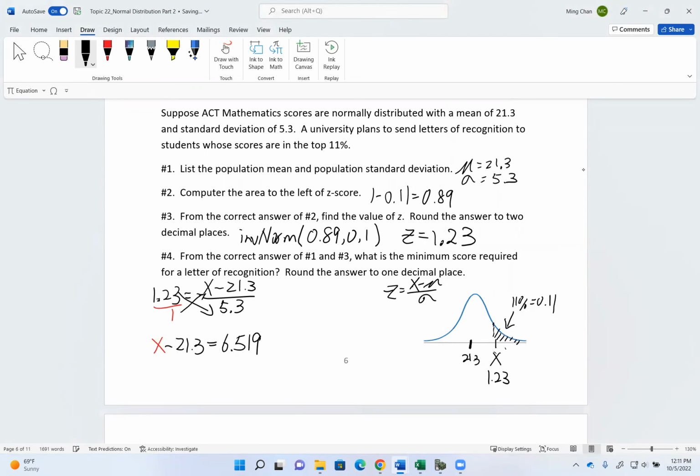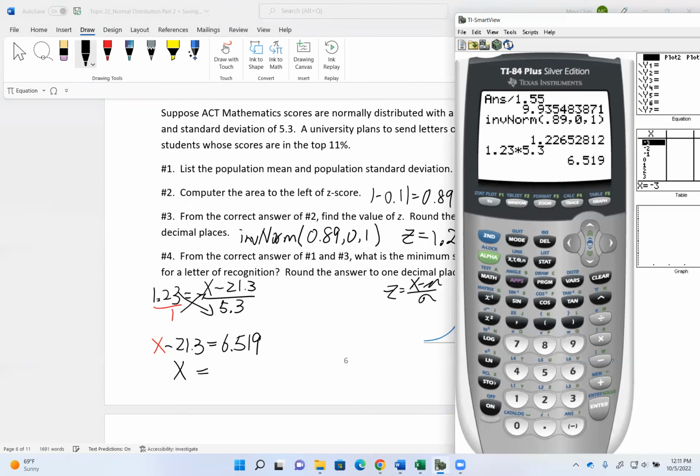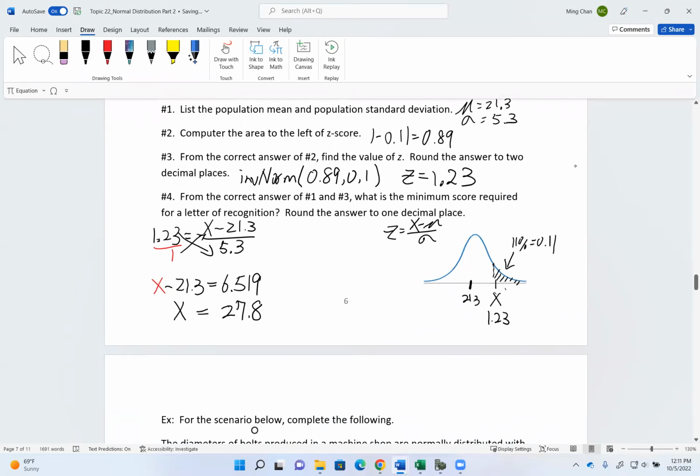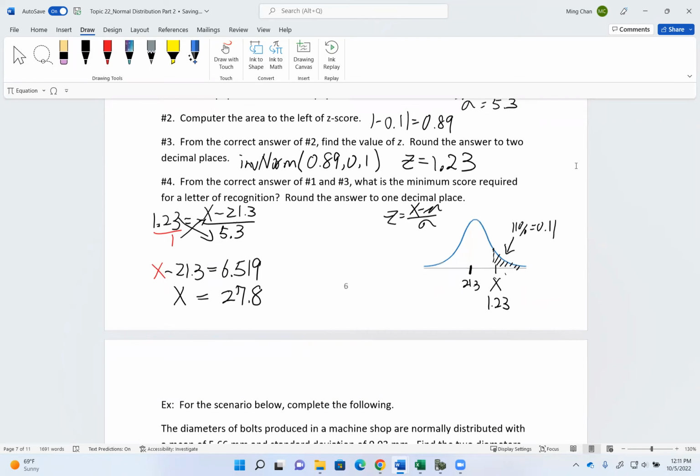All right, to get x by itself, we will add 21.3 on both sides. Round to 1 decimal place, so that'll be 27.8. So the ACT score, 27.8, is the score that separates the top 11% from everybody else.